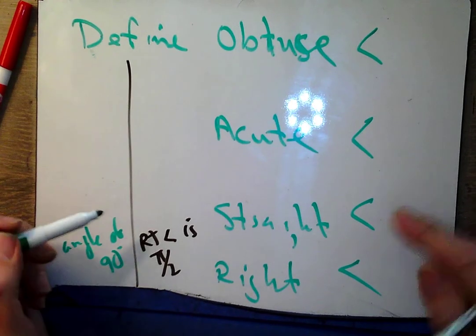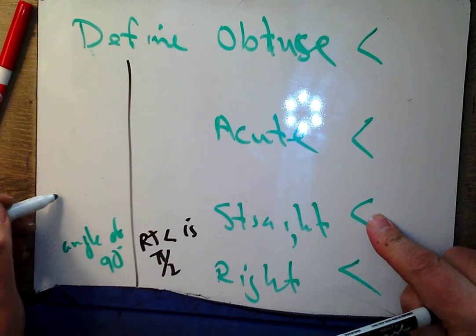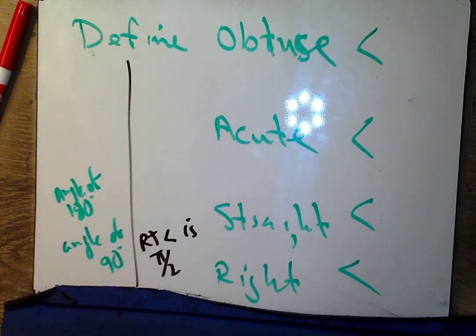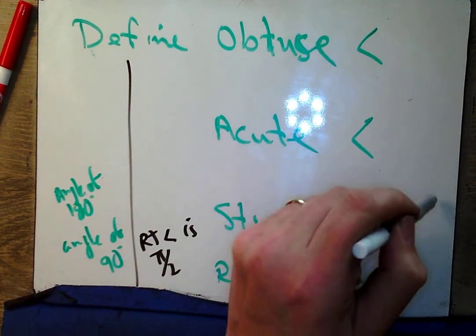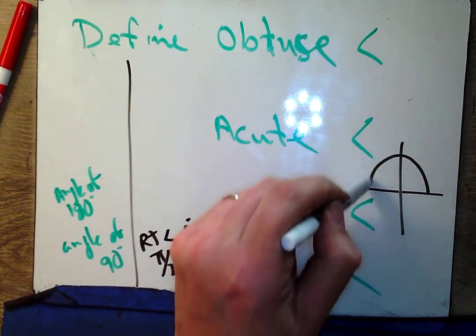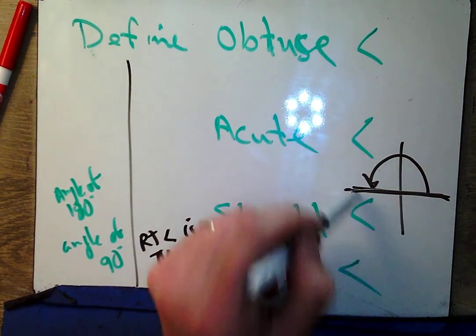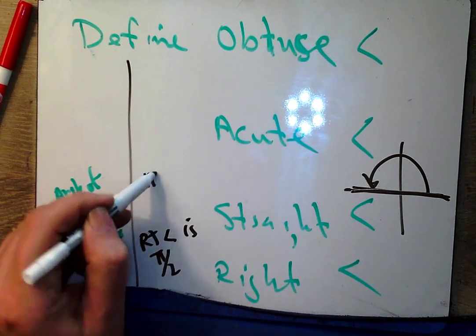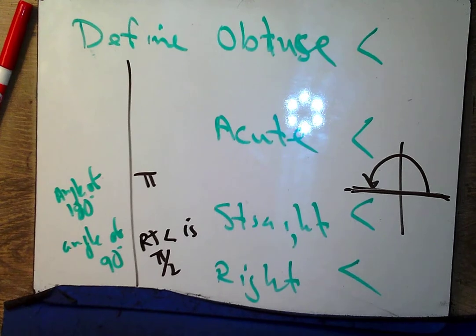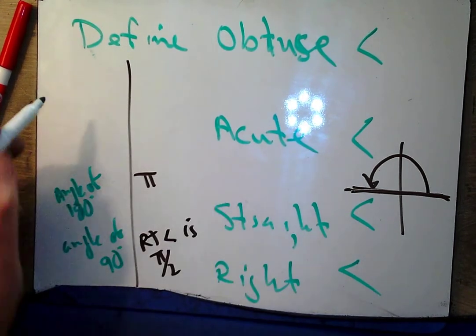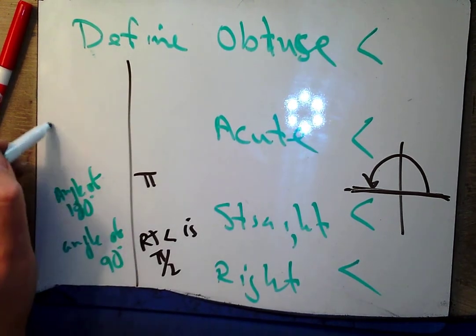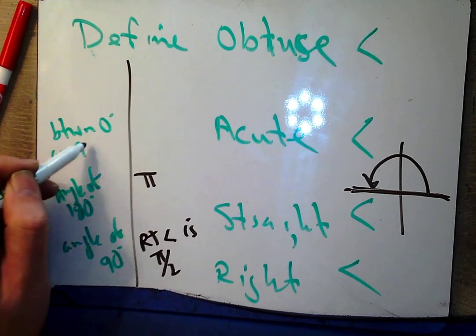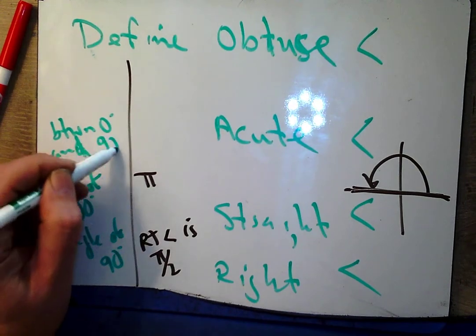Good. And a straight angle? Well, an angle of 180 degrees. Well, what's that look like for us? Here's our straight angle. Our straight angle is pi radians. An acute angle is between 0 degrees and 90 degrees.